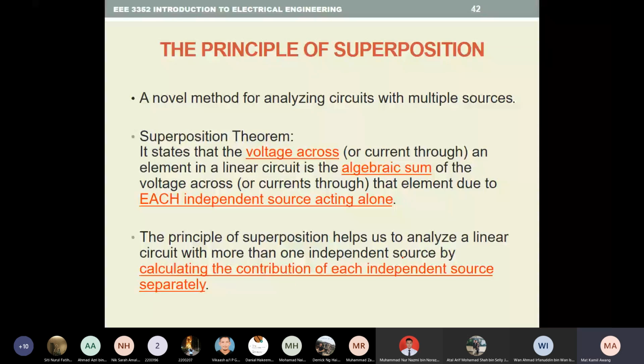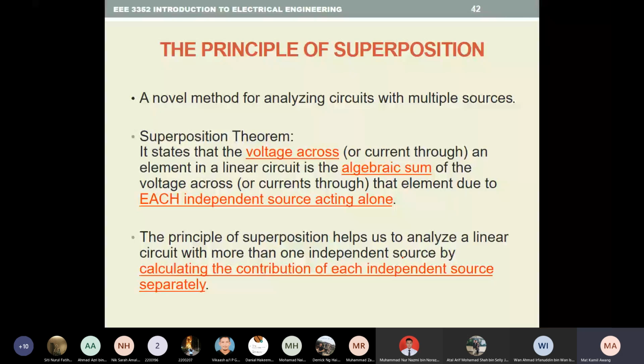So that is linearity. From the linearity properties, now we go into the principle of superposition, where you can analyze a circuit with multiple sources. You can analyze the circuit using one source at a time.